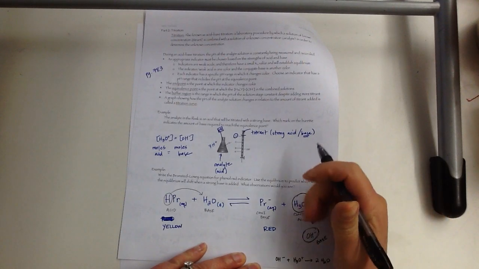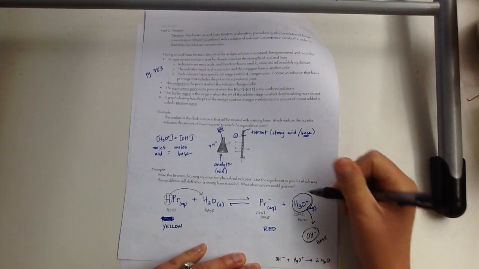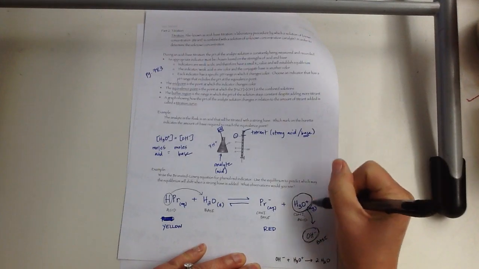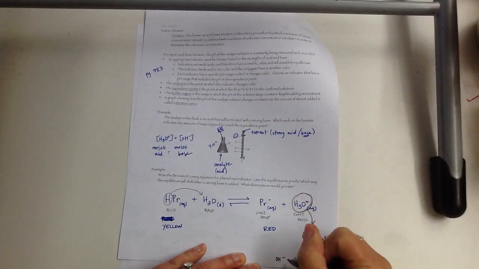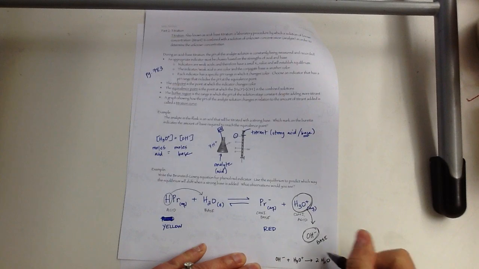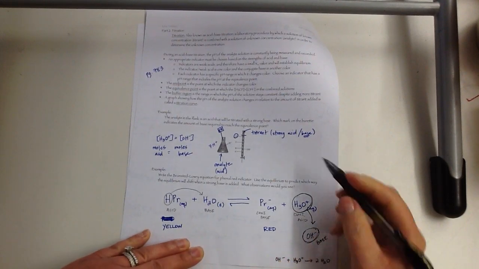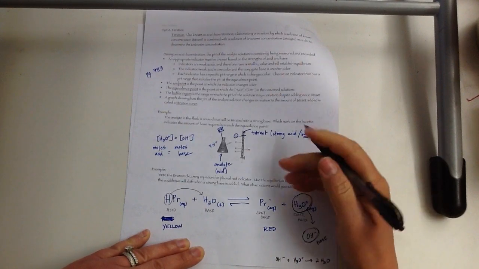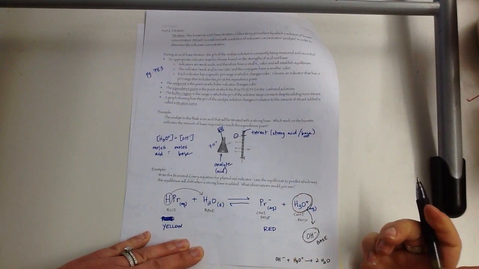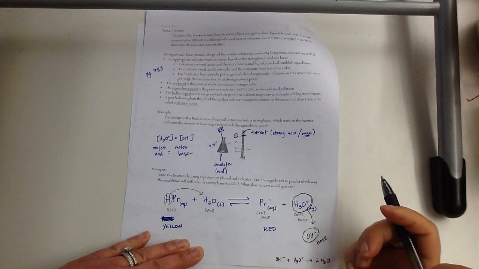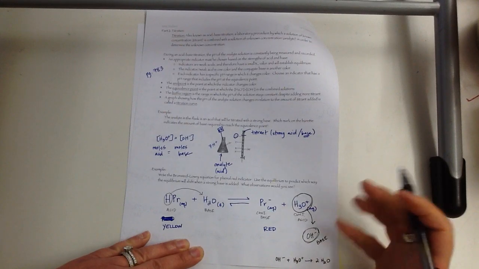Okay, so that hydroxide is basically removing hydronium from the solution and forming water. Okay, because water is very much more stable than these ions are. And so what's that going to do? If I remove product, if you take product away, according to Le Chatelier's principle, it's going to try to make more of it, right?